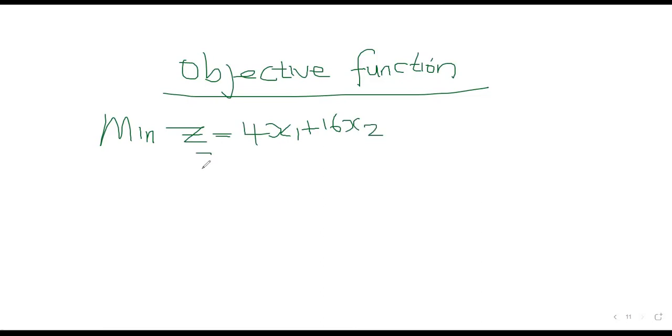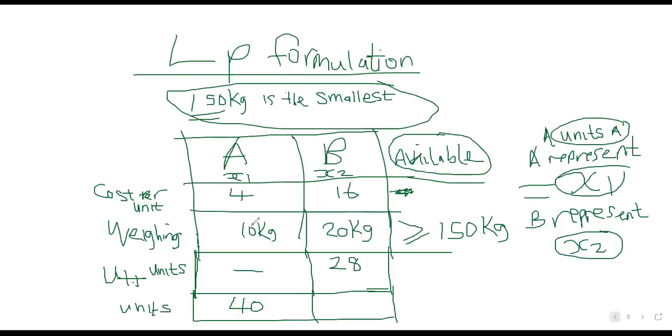Then subject to. 4x1, 16x2, that's the total cost. This is the objective function because it has no constraint. It has no budget allocation.